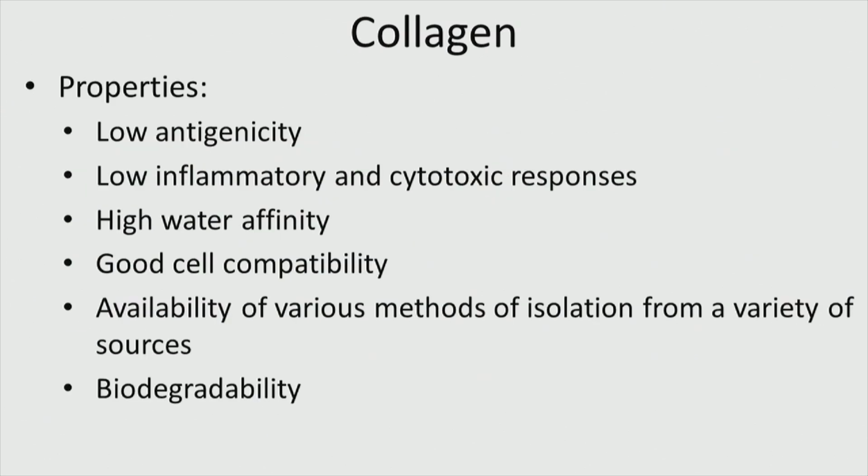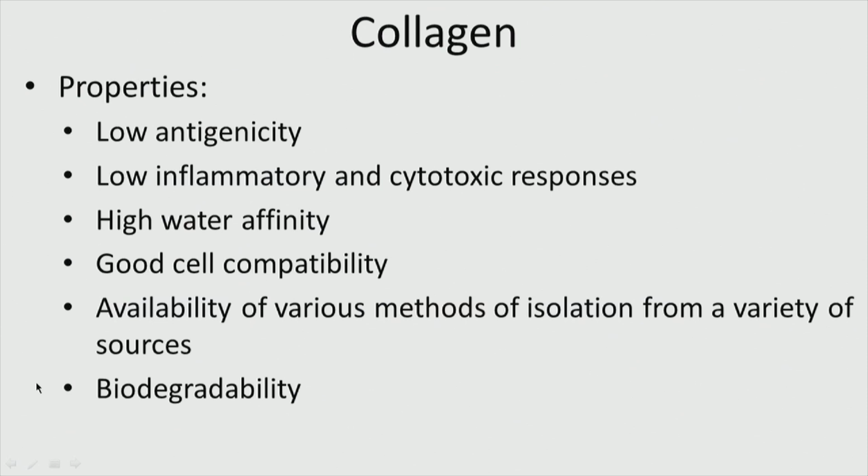So what are the properties? It has low antigenicity, low inflammatory and cytotoxic responses, very high water affinity, good cell compatibility, and availability of various methods for isolating from a variety of sources. It is biodegradable. Collagen is found in abundance in human bones and tissues.